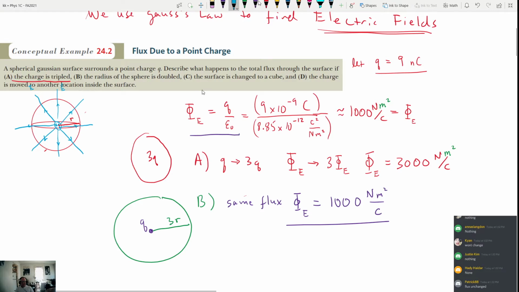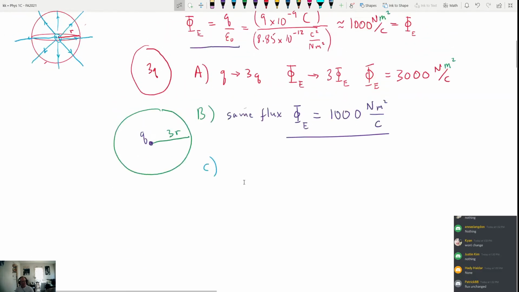Okay, part C. What if the surface is changed to a cube? So in C now we have a cube. That's our closed surface, or Gaussian surface if you want. And now we still have a charge inside of here.